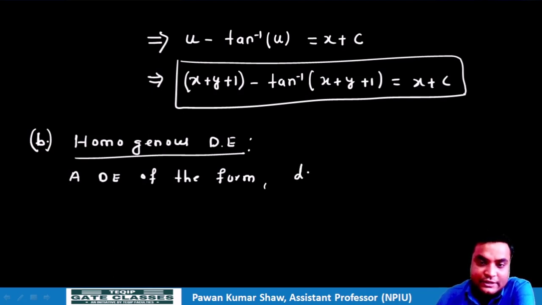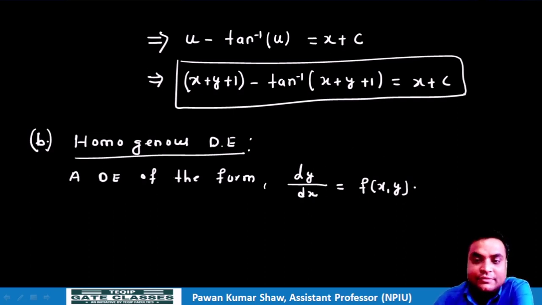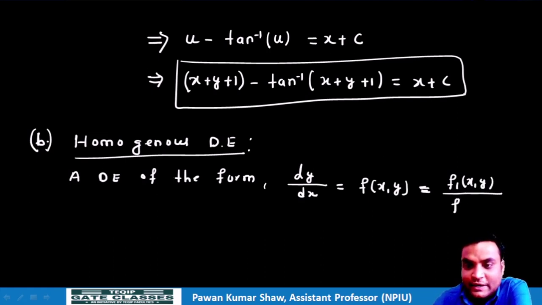A differential equation of the form dy by dx equal to some function of x, y, or sometimes we can write this f of x, y as two functions like f1 x comma y divided by f2 x comma y. We can write it in two forms, that is in the form of numerator and denominator.